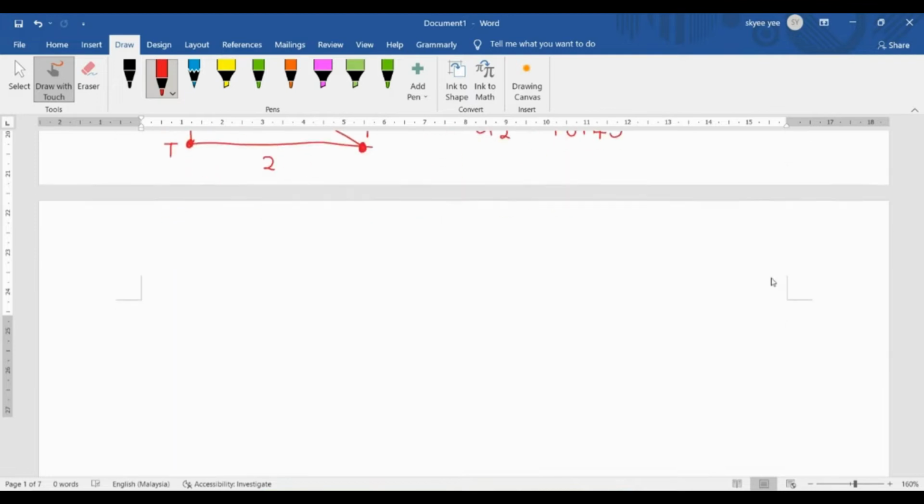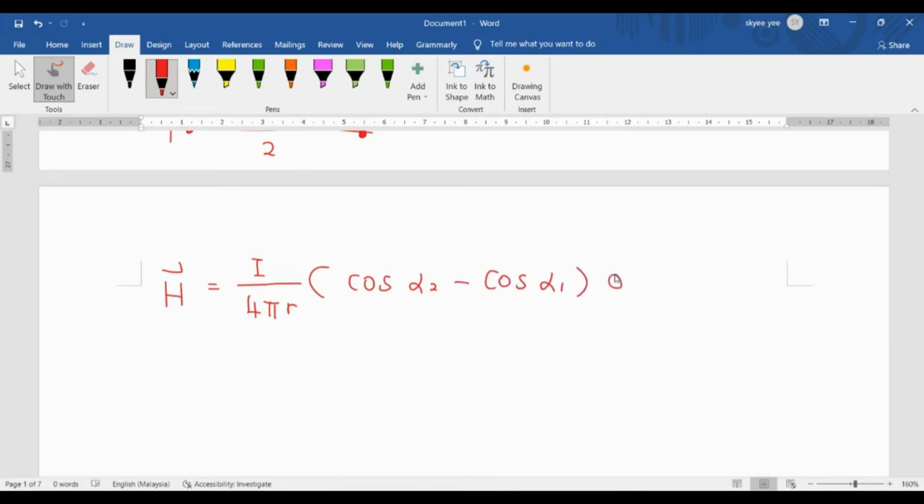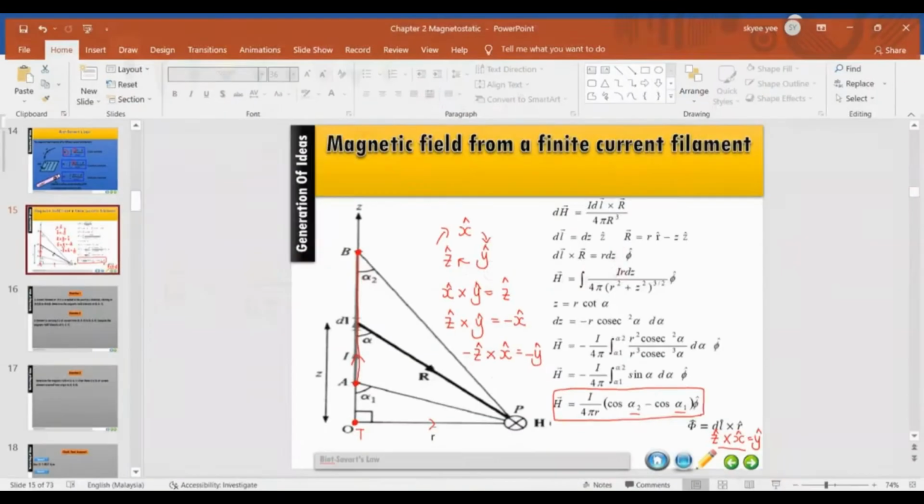Now you can replace it here. I want you to replace it yourself. This is the formula for the magnetic field, over 4 pi r, times cos alpha 2 minus cos alpha 1, and this is the phi direction.